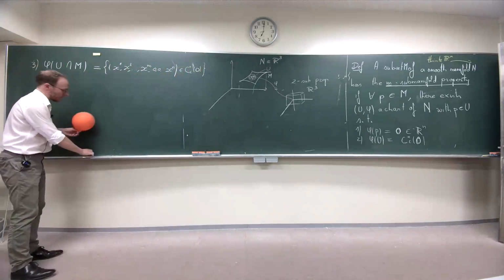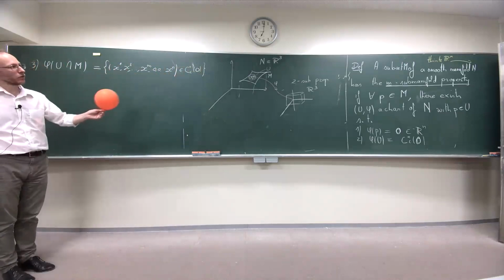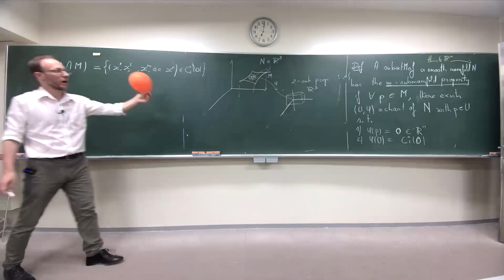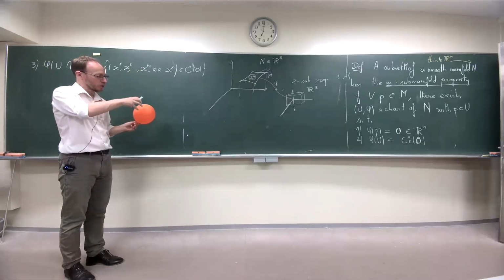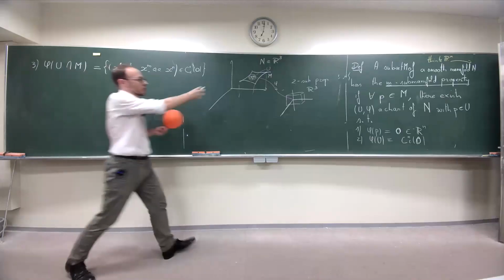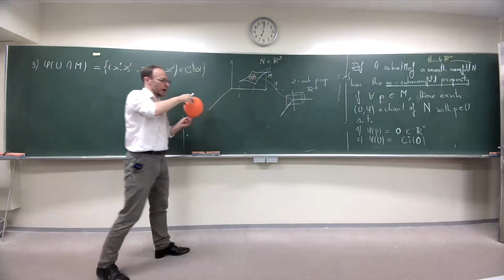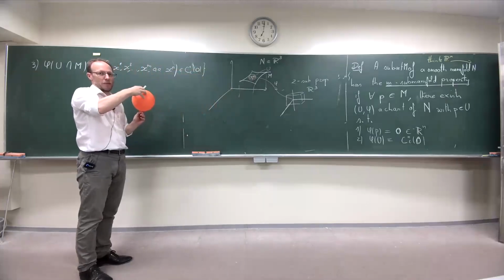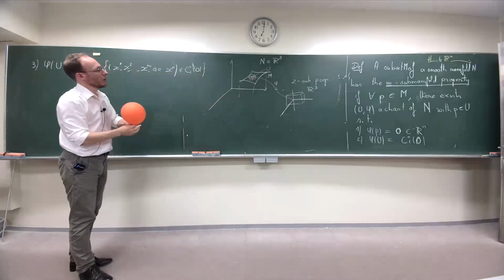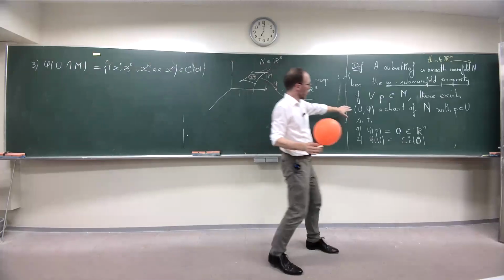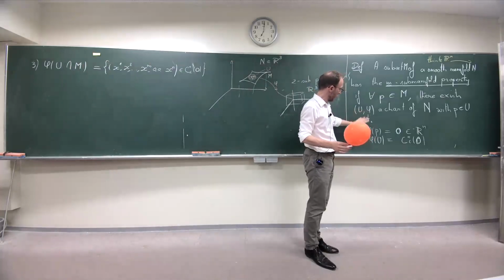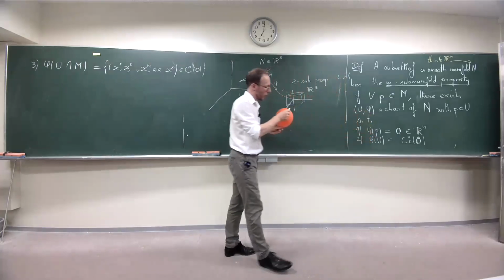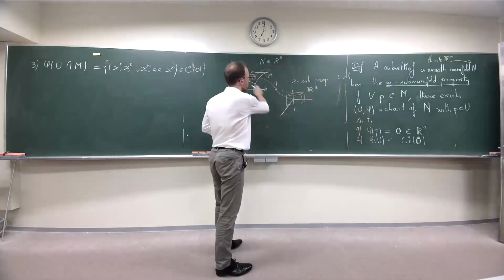So this is in R3. N is R3. This is a surface. This is my M. I take a point P. I put a box, or an open set of R3, around this P. Now, this open set of R3 around P and phi should have the property that, first, the point P is sent to 0.